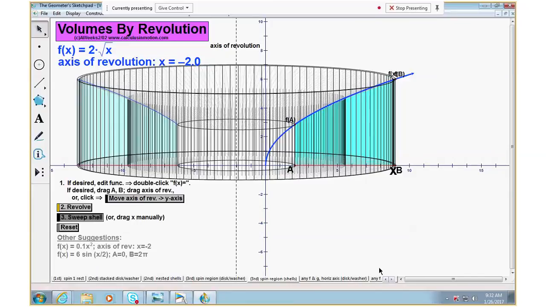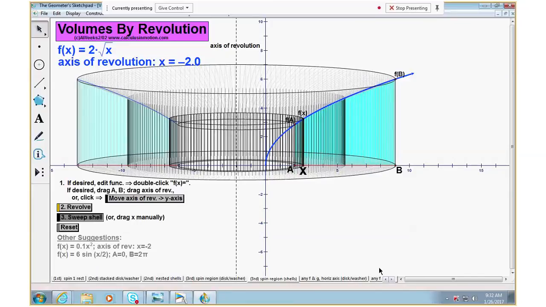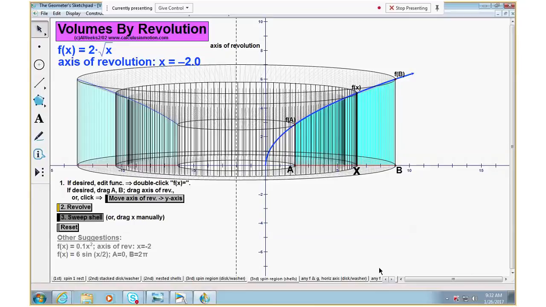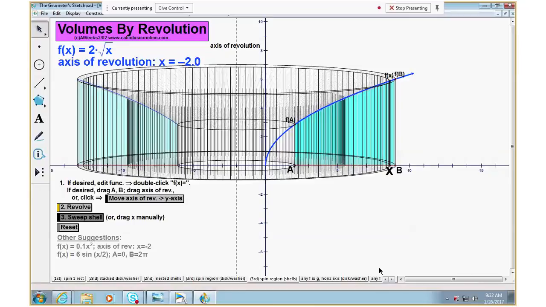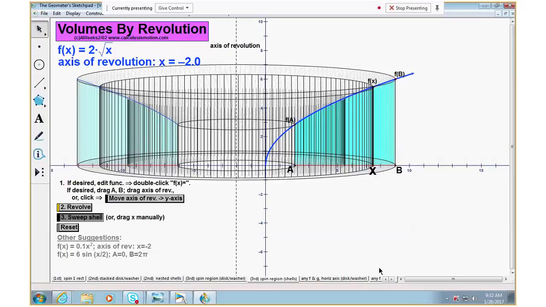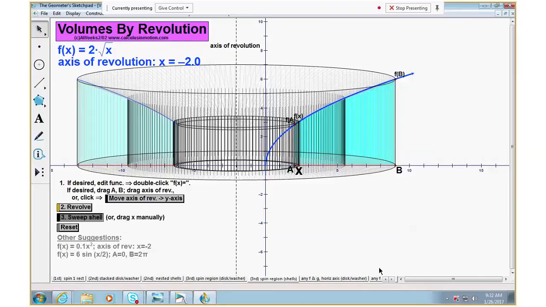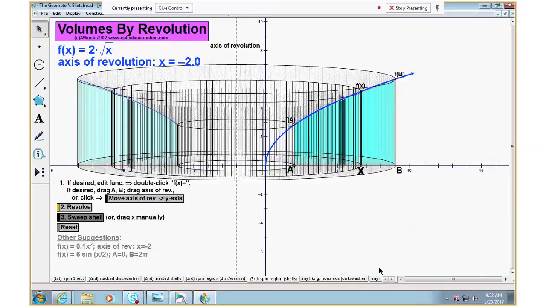Now, a lot of you are saying, well, why is he making all these? You've got to figure out a way to learn the difference between the three things. Between the washer, between the disc, and between the shell. A shell is usually something in the form of a tank. All right? Think of a football.